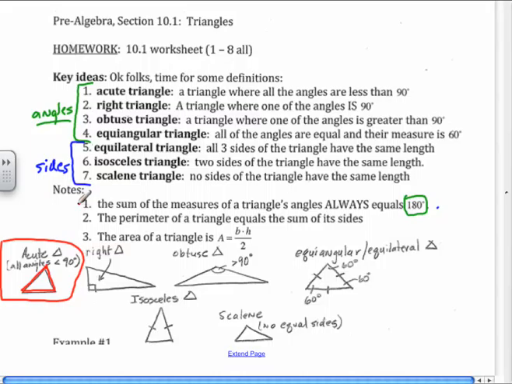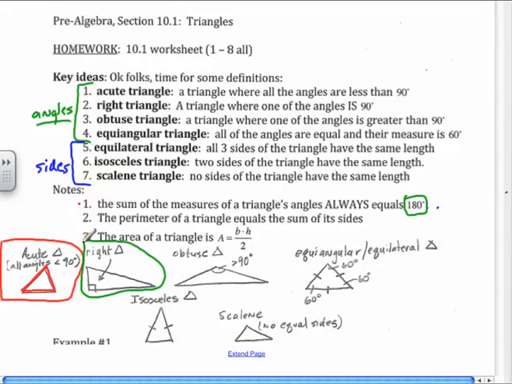Okay? Next up, Jackson. What is a right angle? What's the measure of a right angle? What is it? I'm asking you right now. What is the measure of a right angle? 90 degrees. It's 90 degrees. Now, a right triangle, right? And we're talking about this one right here. A right triangle has one right angle.